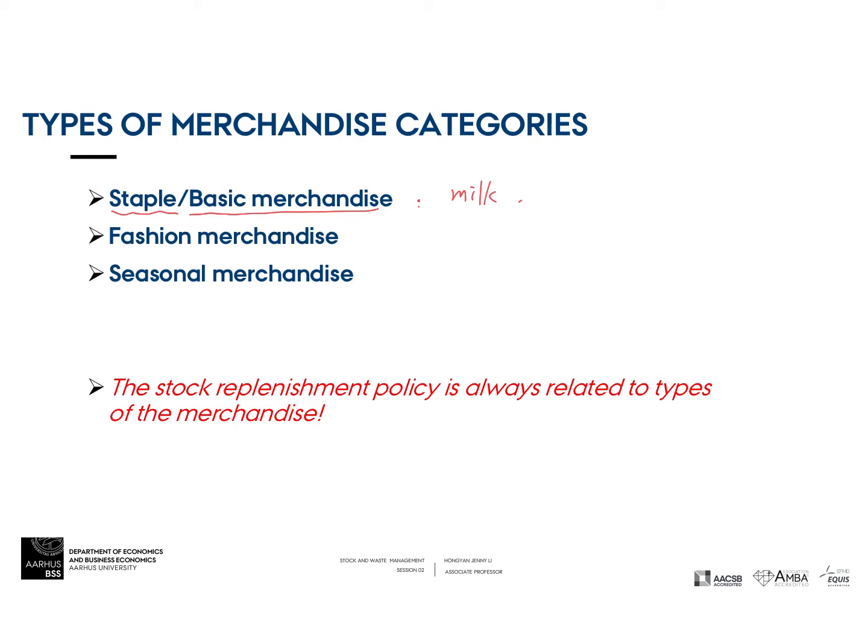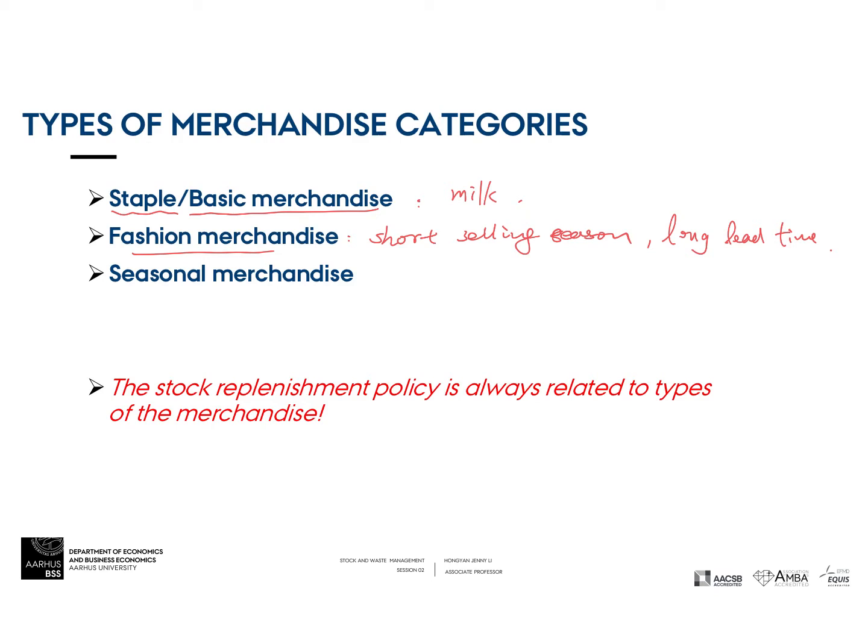And then we're talking about fashion merchandise. That's not only fashion, but a lot of products may have fashion features or characteristics. They normally have a relatively short selling season, and then long lead time or long production preparation. And then the seasonal merchandise.